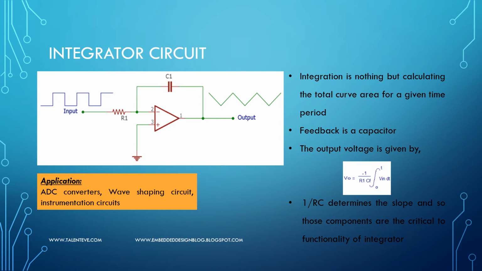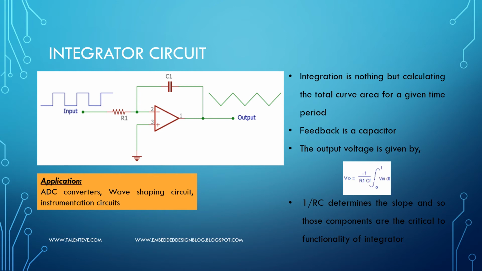Now the area of this complete waveform can be calculated using integration. Integration is nothing but adding things over a period of interval. That is what we learned during our mathematics in integral calculus. So that is what this does.